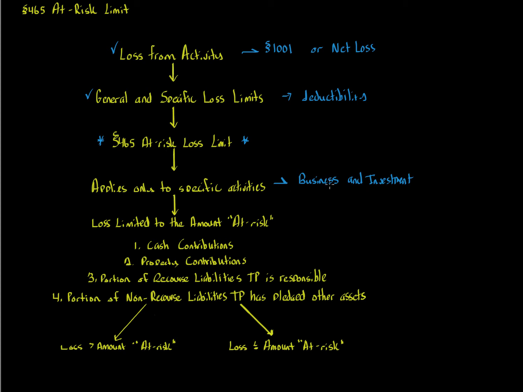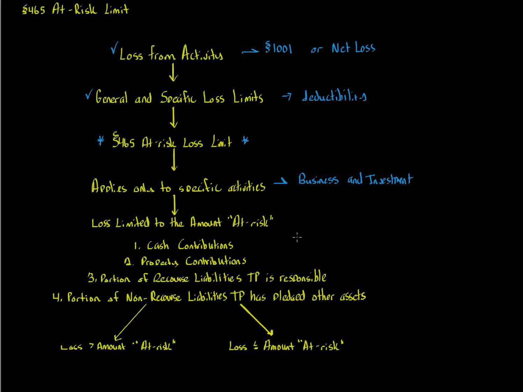Once you've established it's a business or investment activity, then we have to proceed and say, okay, well, of the loss that we have, again, loss is defined broadly, we're allowed to deduct the amount that's considered at risk. At risk is the key. At risk, that's the key language. All right? The amount that is at risk.